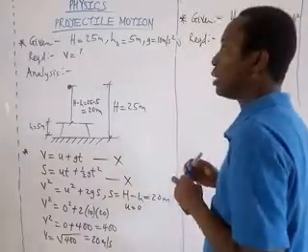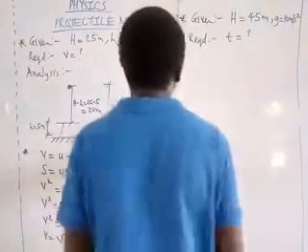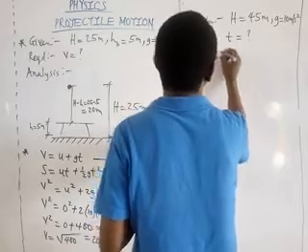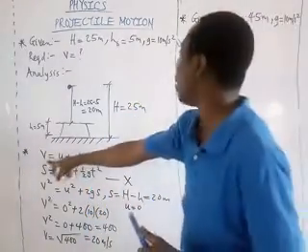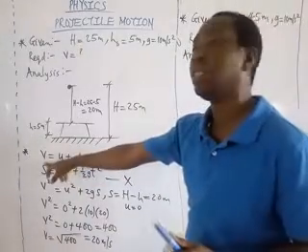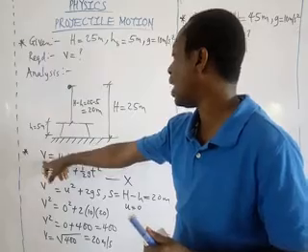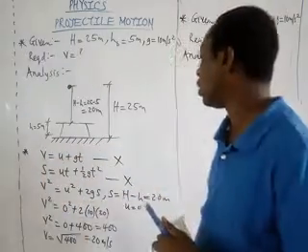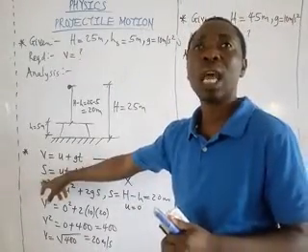So take note of that. If we make use of the formulas we have written before, we are looking for t. Here we are not given anything that has to do with v, so we cannot use equation 1. We cannot make use of equation 3 also because v is not given. We can only use s.